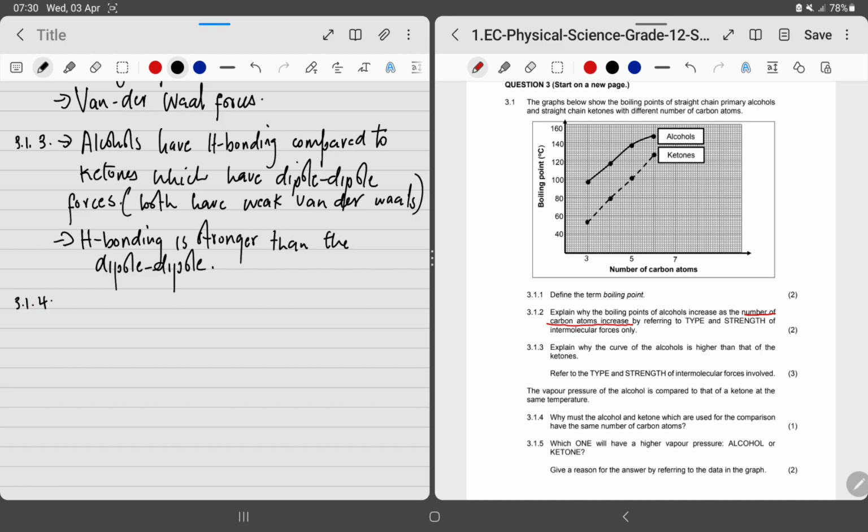3.1.4. Why must the alcohol and ketone which are used for the comparison have the same number of carbon atoms? Well, it is so that we have only one independent variable. Okay, this is what I mean. Let's just say we have an alcohol with 2 carbon atoms, like that.